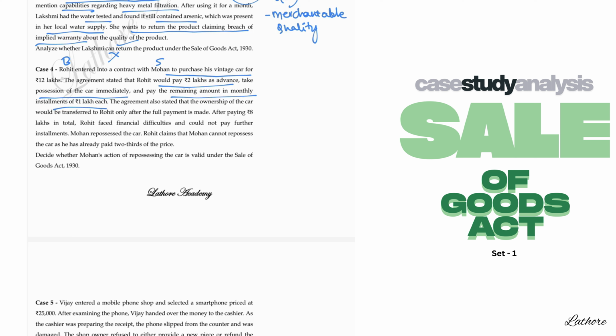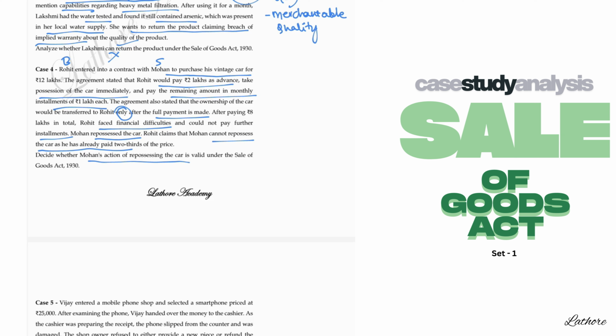The agreement also stated that the ownership of the car would be transferred to Rohit only after full payment is made. After paying 8 lakhs in total, Rohit faced financial difficulties and could not pay further installments. Mohan repossessed the car. Rohit claims that Mohan cannot repossess the car as he already paid 2/3 of the price. Decide whether Mohan's action of repossessing the car is valid.